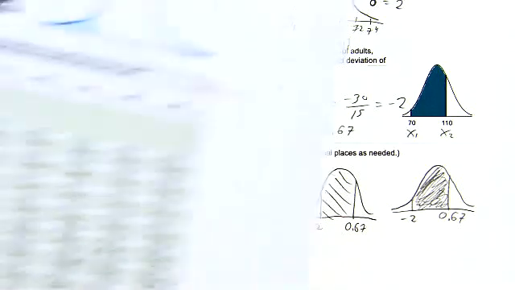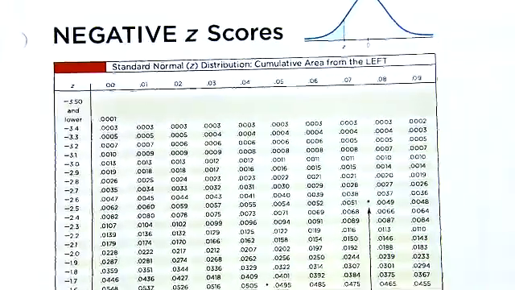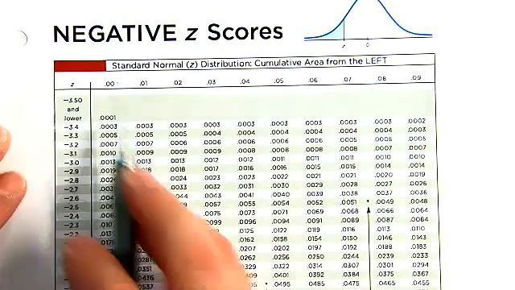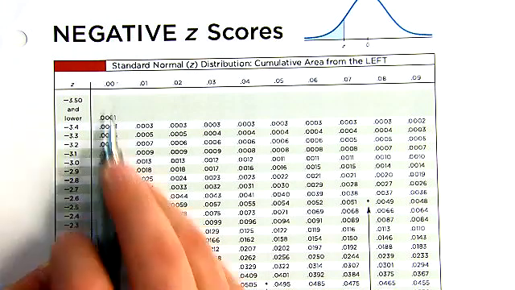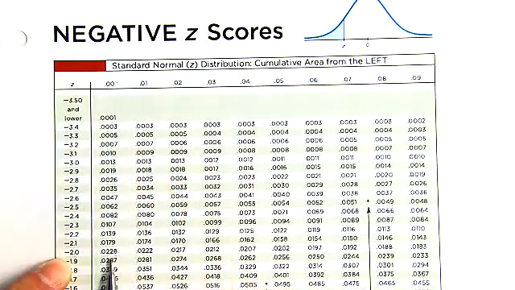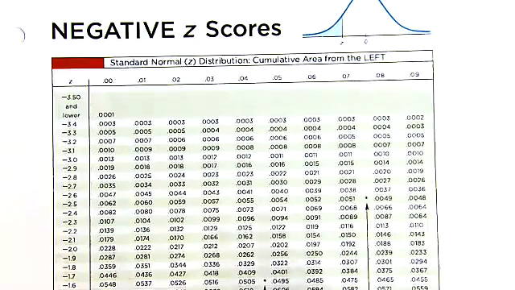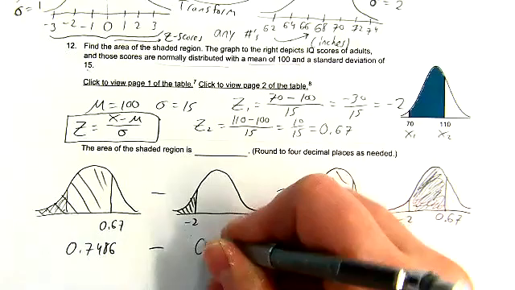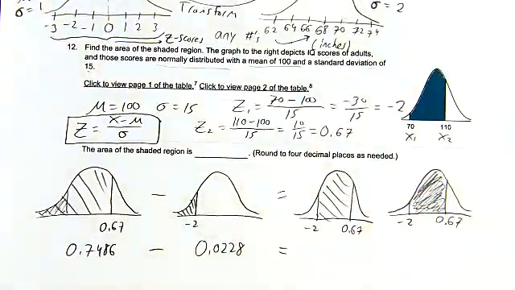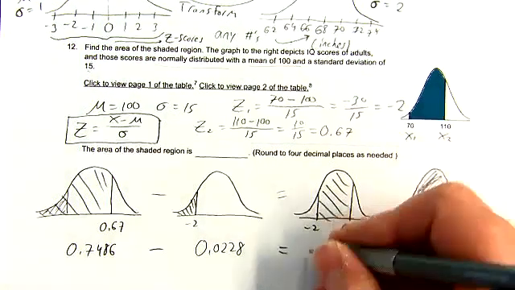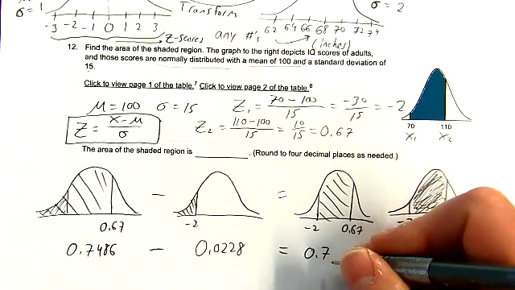So it's negative, so I go to the negative z-score chart. And we go to -2, which is right here. And it was -2.00. So first column. So it'd be 0.0228. And if you subtract those two numbers, you'll get the area in between is 0.7258.